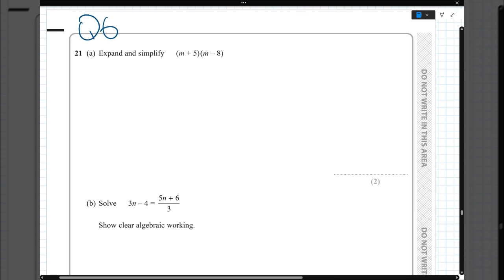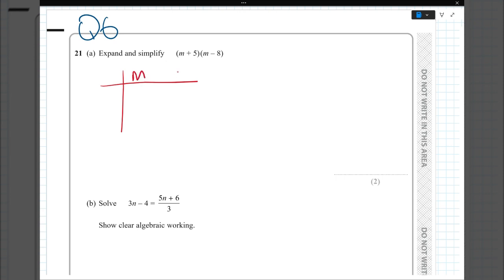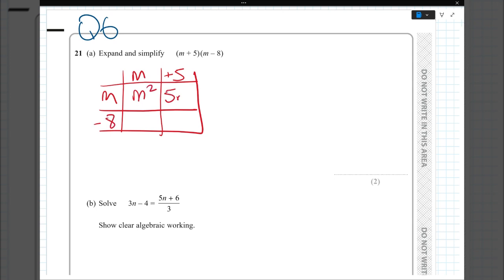Question 6 or question 21. Expand and simplify. So I encourage people to use the grid method. So useful, stops errors. M times M, M squared. 5M, negative 8M, negative 40.